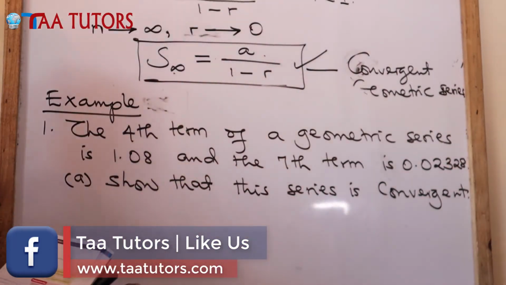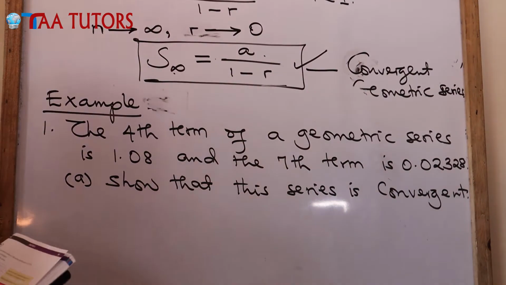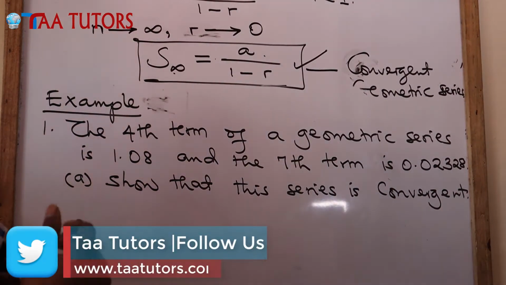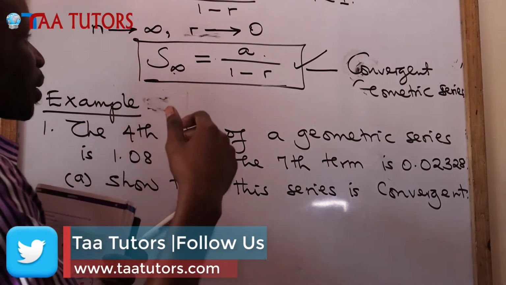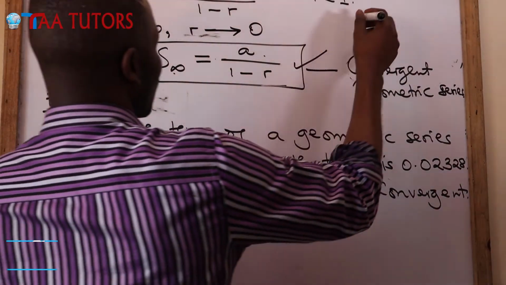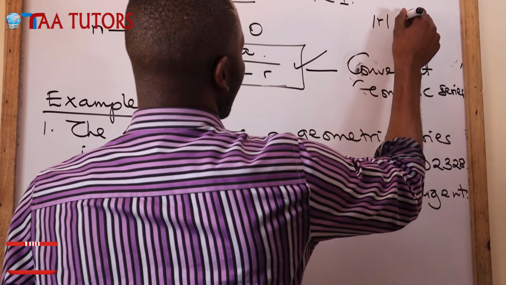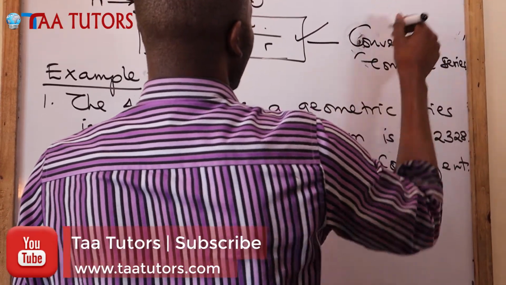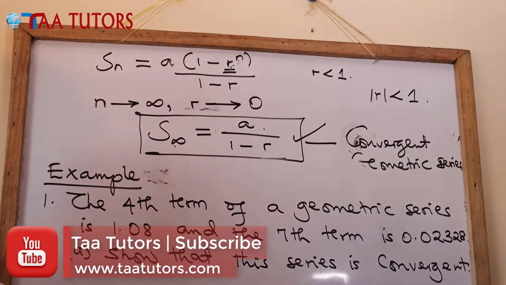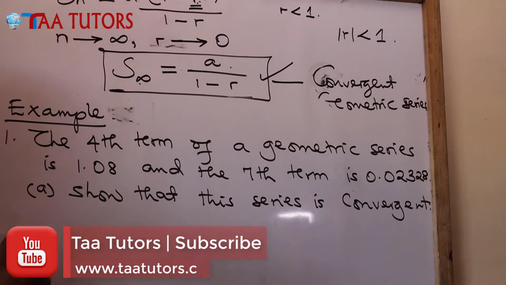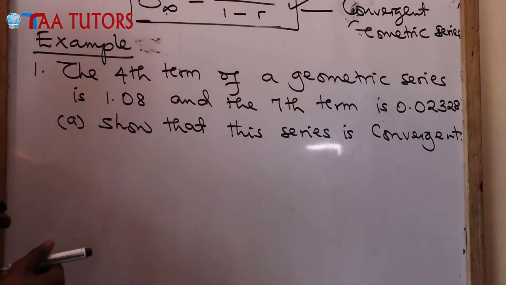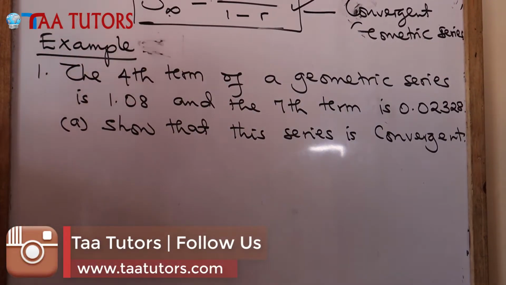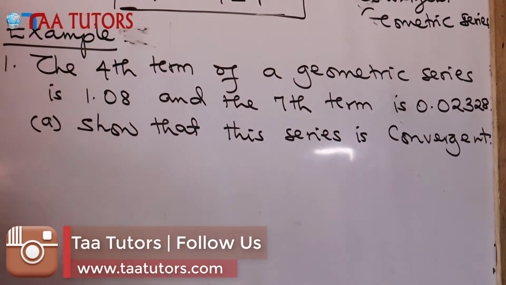Show that this series is convergent. We said that for a convergent series, the absolute value of r must always be less than 1. So if you get r to be either a negative value, 0 point something, or a positive 0 point something, then that can tell us that that particular series is convergent.